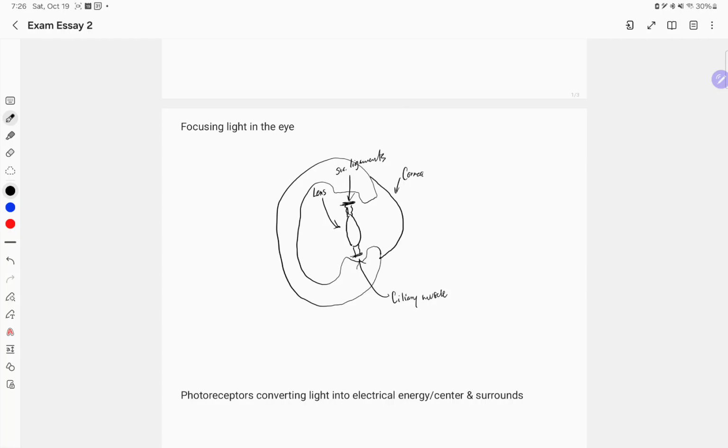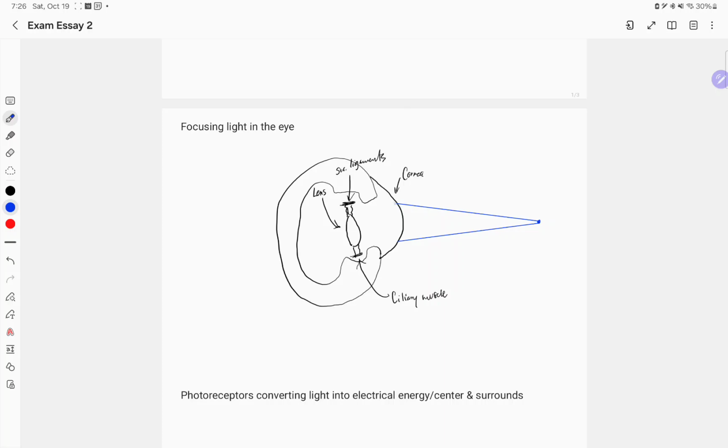So when you're looking at an object, light's going to come into the eye. And we have to think about how do we perceive that? How do we focus this light into the eye to be able to perceive these objects?